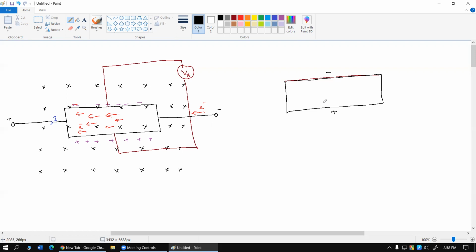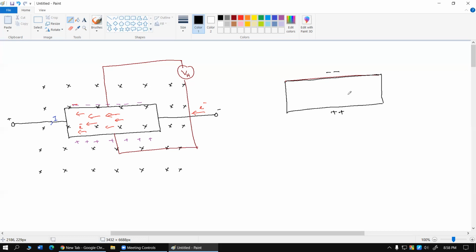So if we can somehow push one more electron, let's say I make the top surface 2 minus charges and the bottom one more positive charge, then the opposition for the top surface to accumulate more electrons and the lower surface to give away more electrons would become less.